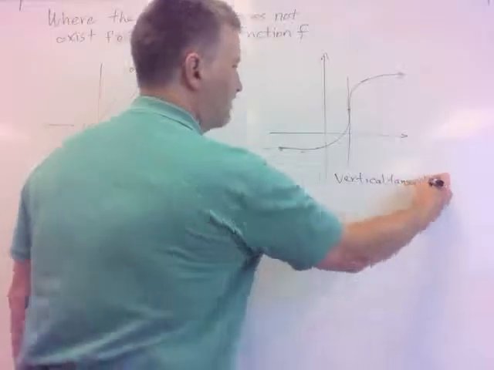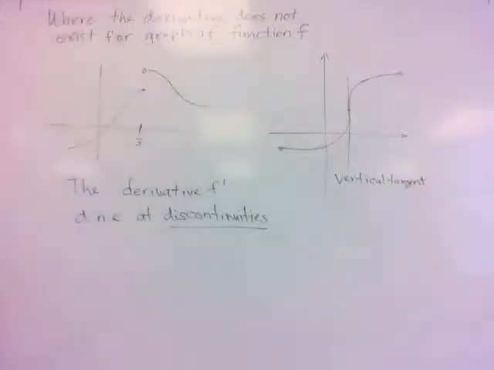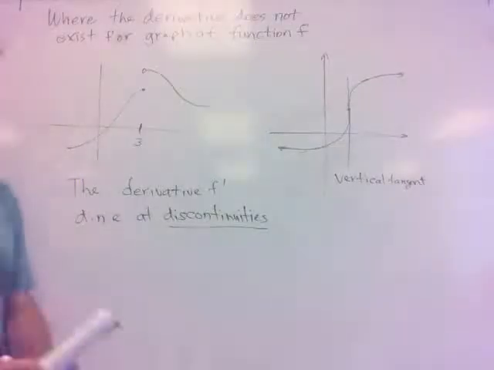Well, what's the problem with the vertical tangent line? What's the slope? Because the derivative is equivalent to the slope. What's the slope of a vertical line? The slope of a horizontal line is 0, but the slope of a vertical line is undefined. Okay?